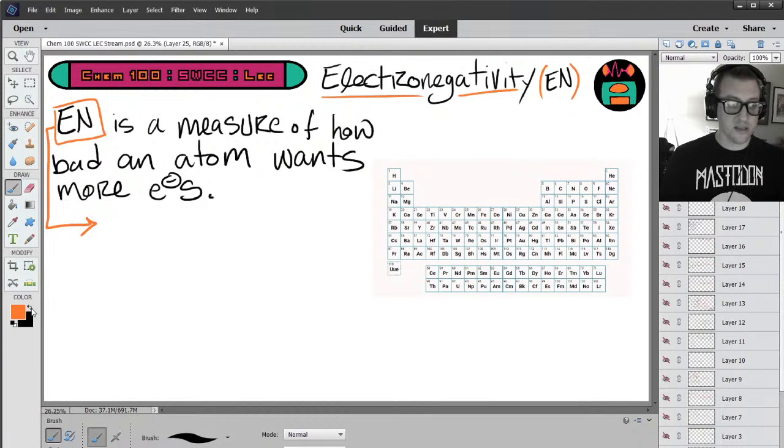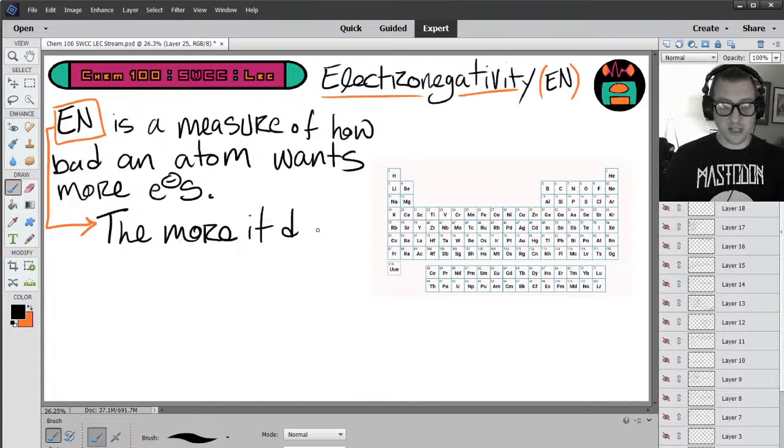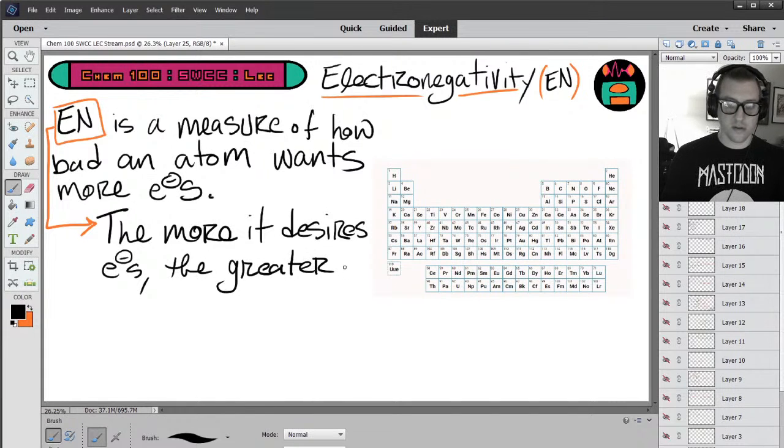And the more it desires electrons, the greater its electronegativity.